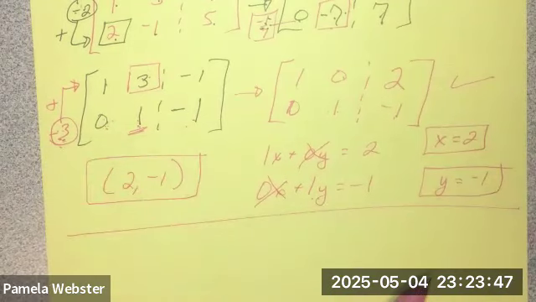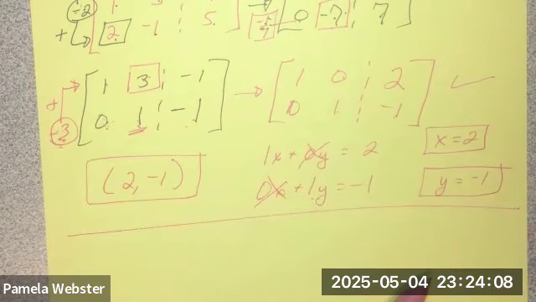All right, so that is how we do those things. Most of you did really well with the adding and the subtracting and the multiplying by a scalar number, excuse me, multiplying by a constant.